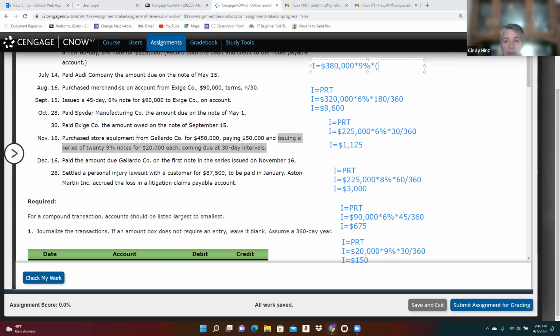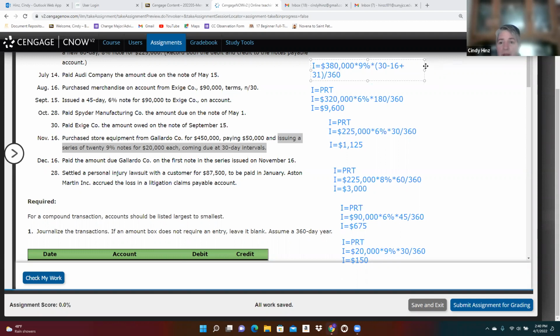Now this is the part I have to calculate. How many days is it? Well, there are 30 days in November, and we made or issued the note on the 16th. So that would be 14 days in November, and then there are 31 days in December to get us to the end of the year.